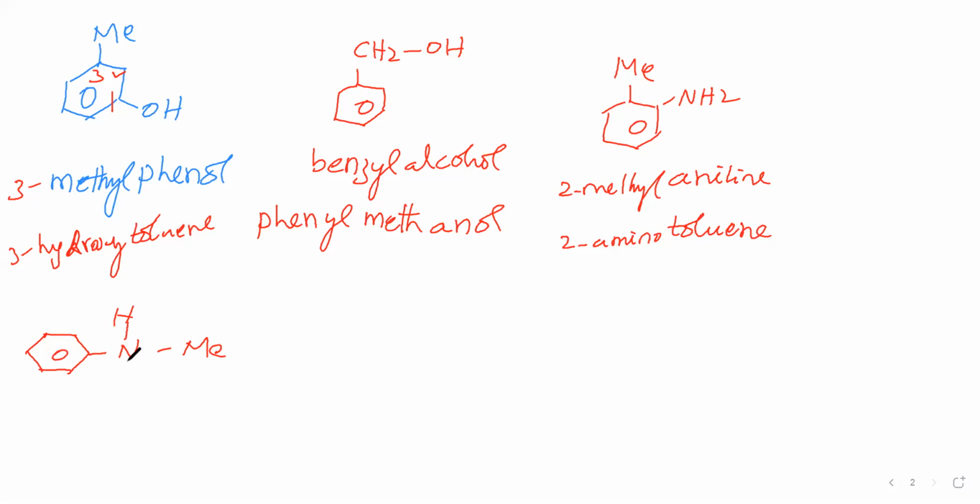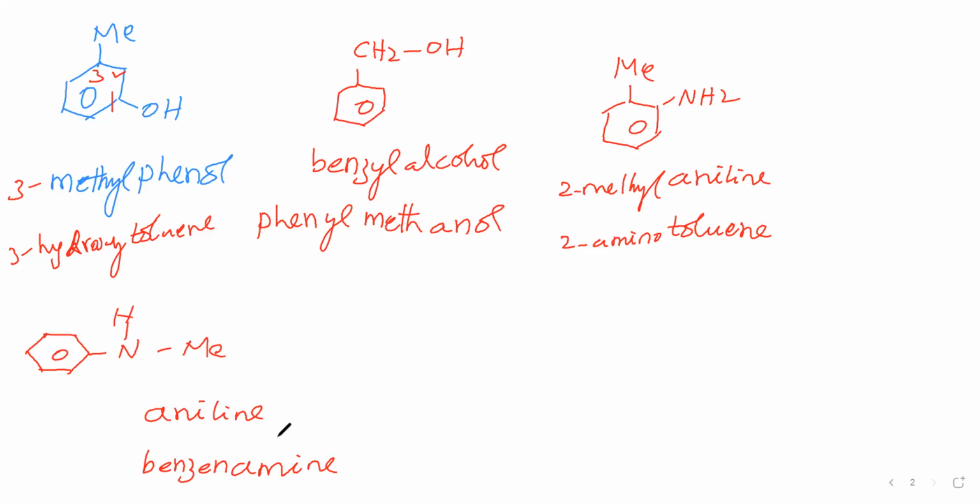This part I will take it as aniline. Then this I will take it as benzene. In that last letter E I will drop for this secondary suffix amine, like that I said, benzene amine.